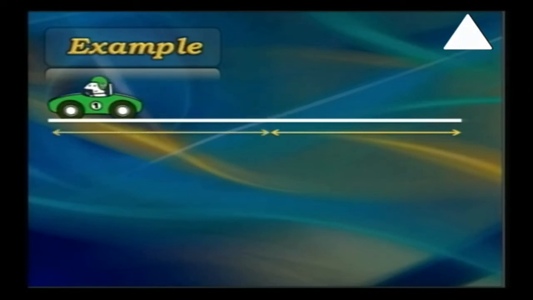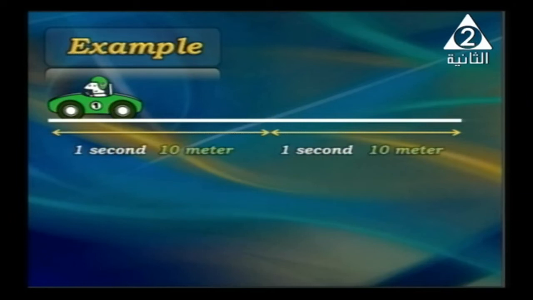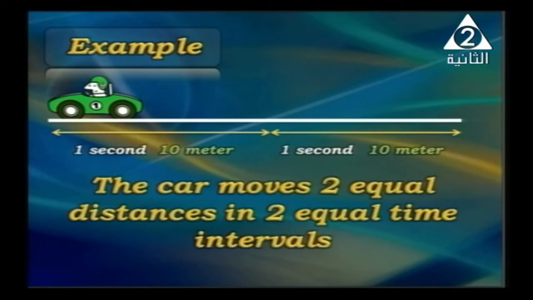Every distance covered is 10 meters in 1 second, so they are equal to each other. 10 meters in the first distance and 10 meters in the second one, 1 second in the first period of time and 1 second in the second period of time. So the car moves through equal distances in equal time intervals. So I need to calculate the speed.